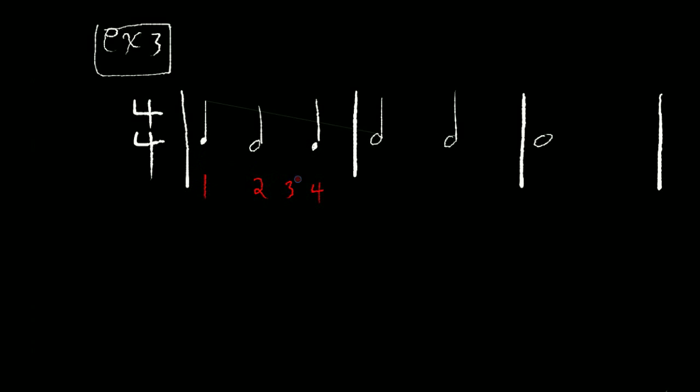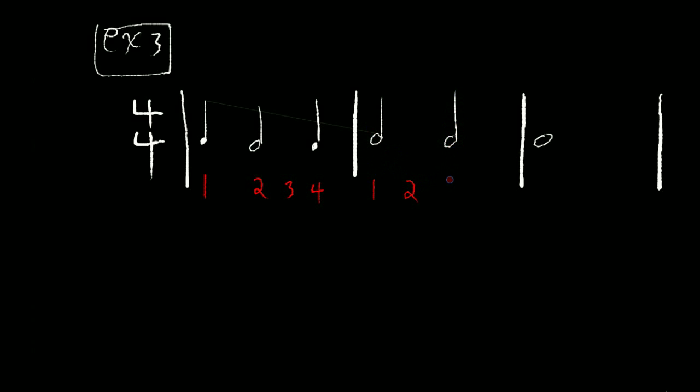And we're done with this measure. We've got 1, 2, 3, 4 beats in 4/4 time, so that measure is full. So we move on. This half note happens on beat 1 of the second measure, and we hold it through beat 2. So 1, 2. Hold that through. And then we've got another half note.